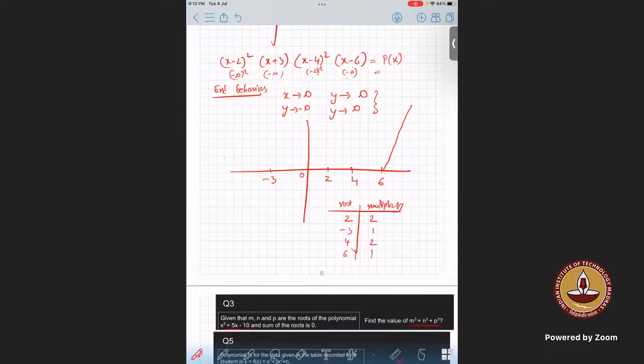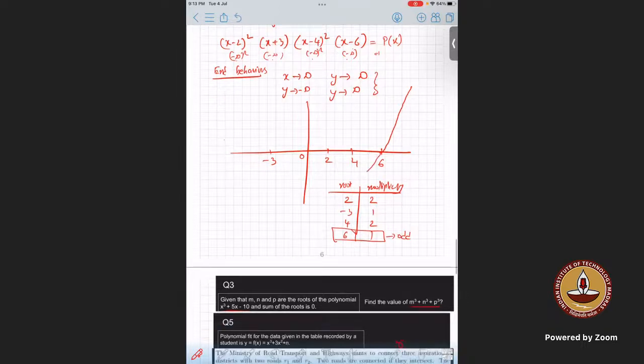The multiplicity of 6 is only 1, an odd multiplicity, so it crosses the x-axis like this. Then it goes to 4 like this. Now 4 has an even multiplicity of 2, so it just touches the x-axis and changes direction.